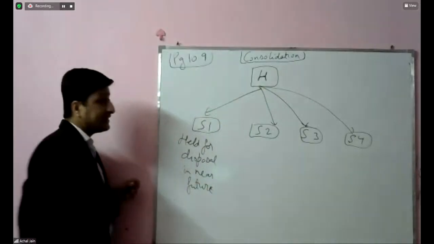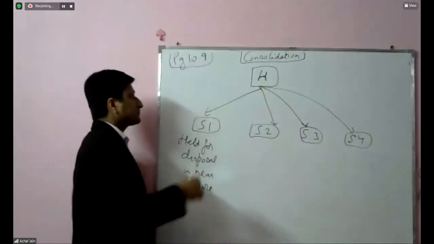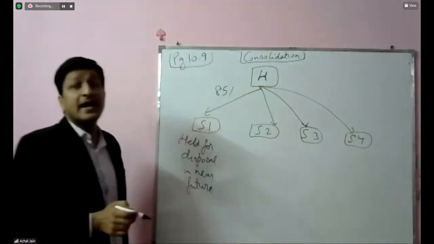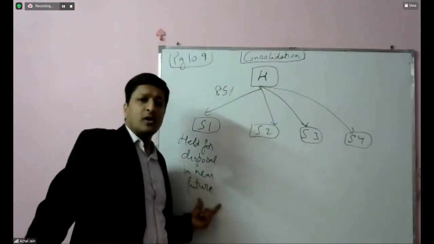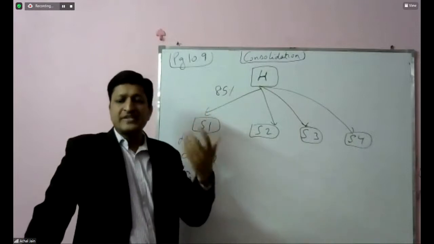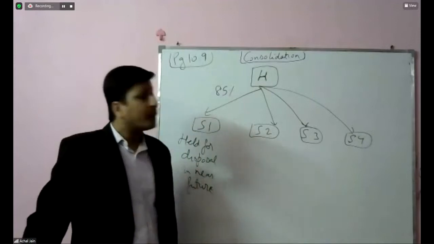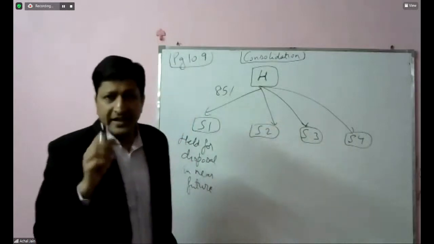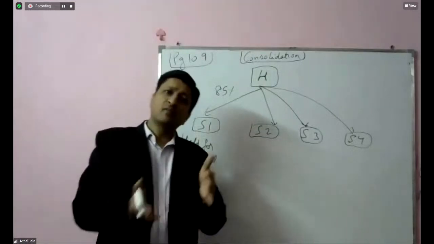So S1, even though is the company over which H has got control, say 85% shares of S1 are held by H. But what is the intent of H? Not to hold this investment, but to sell this in near future. Means this investment is temporary. In such a case, what will H do? H will prepare CFS, but in the CFS, S1 will not be consolidated. S1 will be kept away.